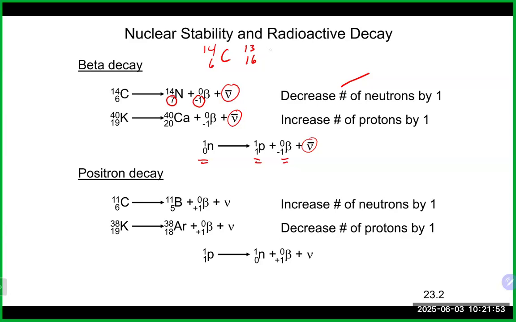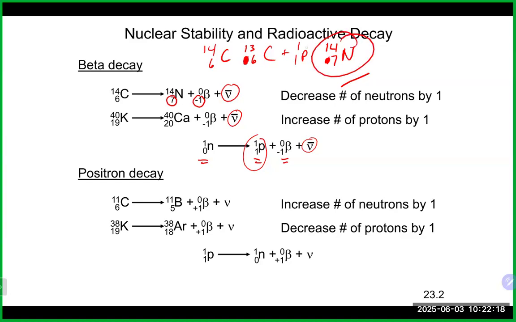Now, what happens is we are going to gain a proton. So at that point, we now go to 14 and 7. We started with 6. That would be much better there. 7. There you go. And 14 and 7, and we'll get to our ending guy here.